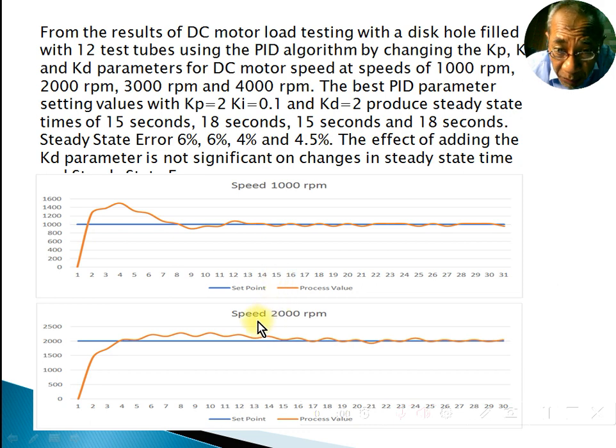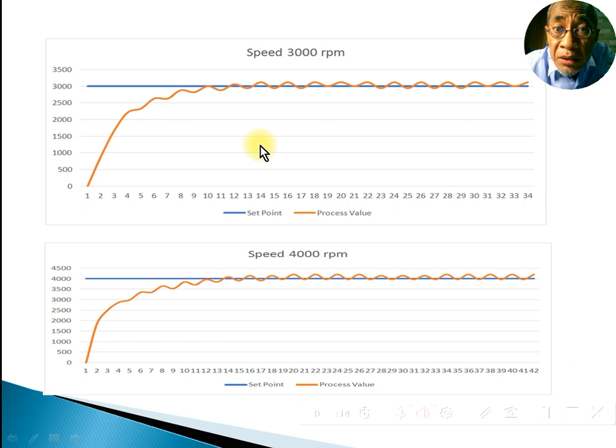And then at a speed of 2000 rpm, you can see that the steady state is reached in about 18 seconds. Then at a speed of 3000 rpm, about 15 seconds too, and then at 4000 rpm about 18 seconds.